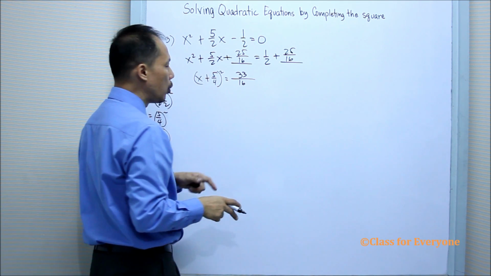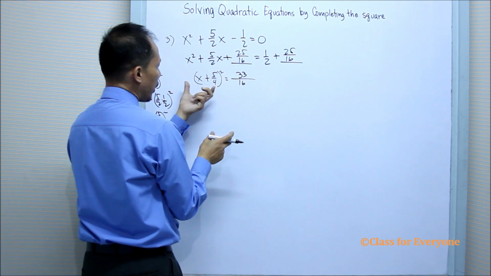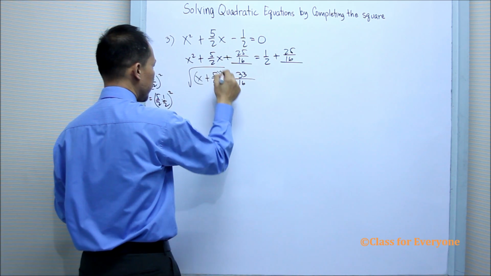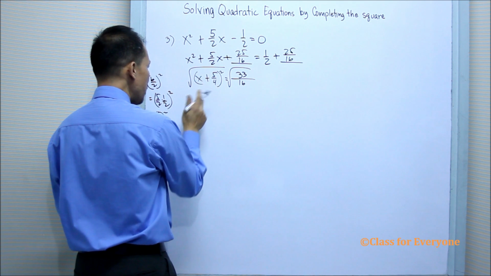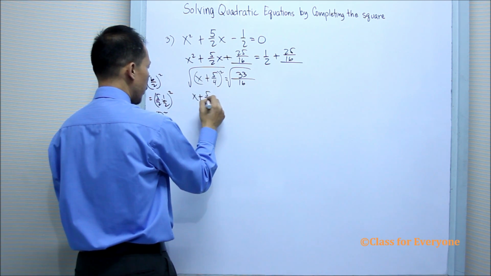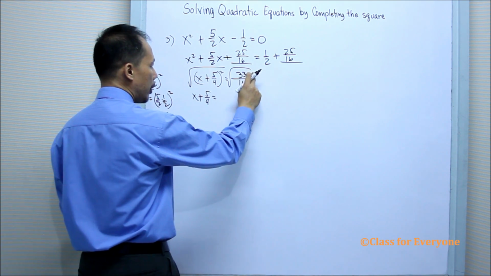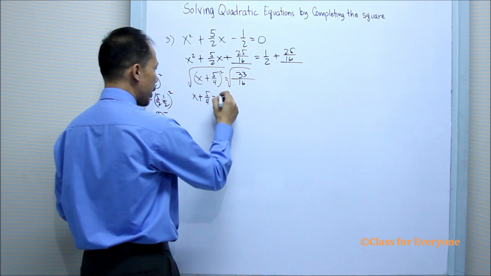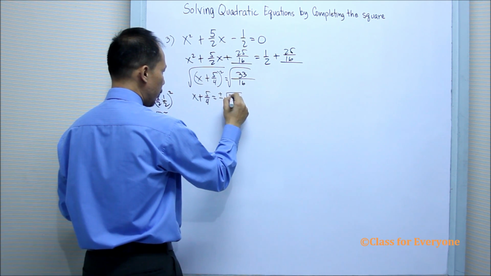Using extracting the roots, I can get the value of x by getting the square root of both sides. The left side, since it is already a perfect square, is x plus 5/4. The right side, the numerator is not a perfect square, so it will remain under the radical sign: plus or minus square root of 33.